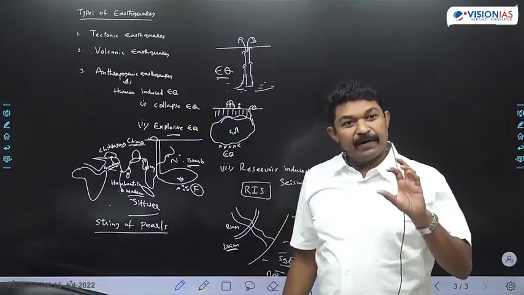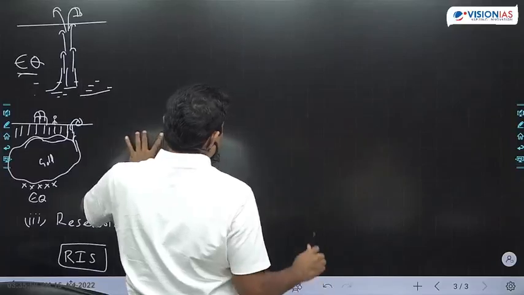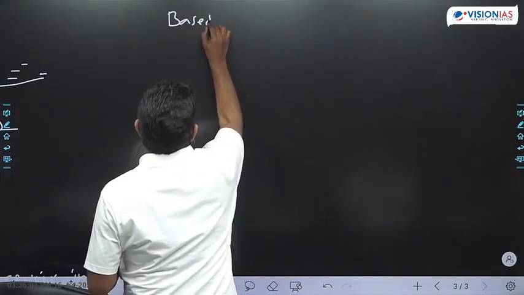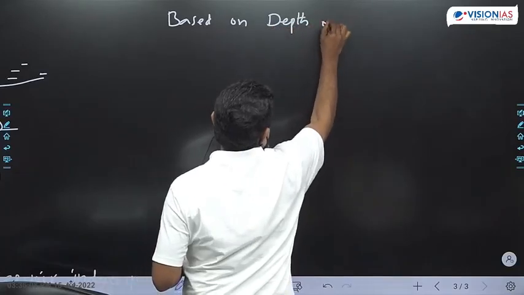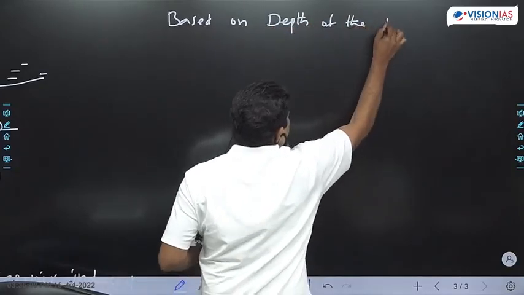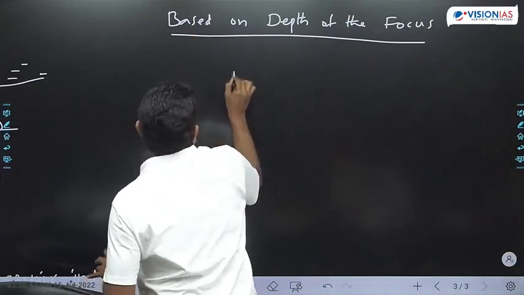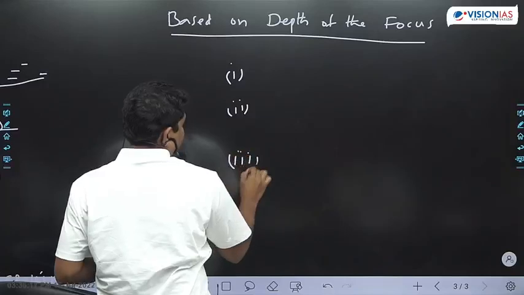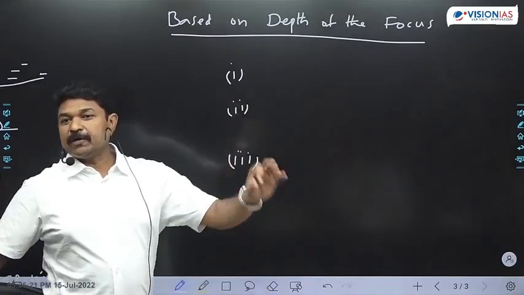But there is another classification, based on depth. Write down: based on the depth of the focus, earthquakes can be of three types.